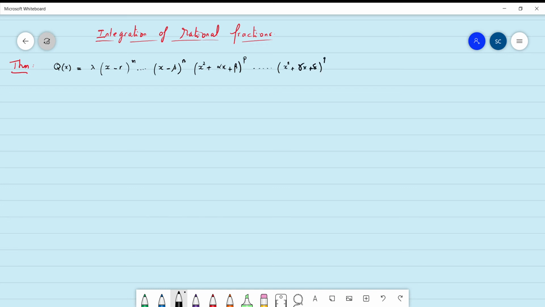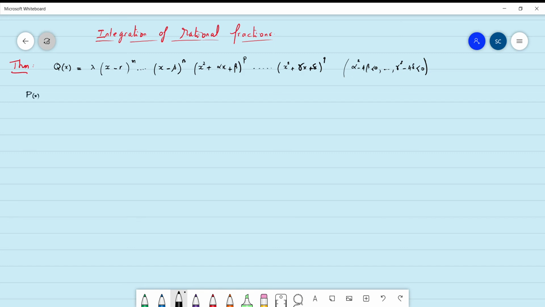We have to specify that they don't have roots, so it's enough to say that the discriminant, alpha squared minus 4 beta, is negative, and gamma squared minus 4 delta is negative. This is well known in algebra.